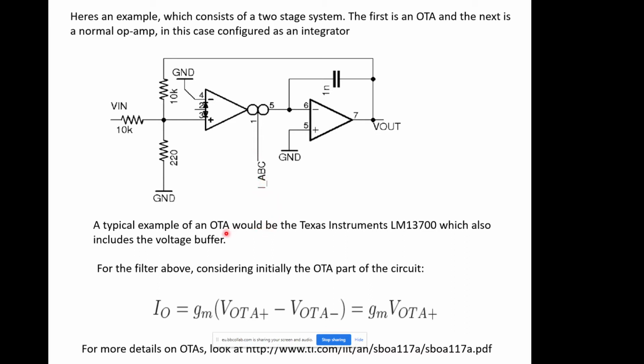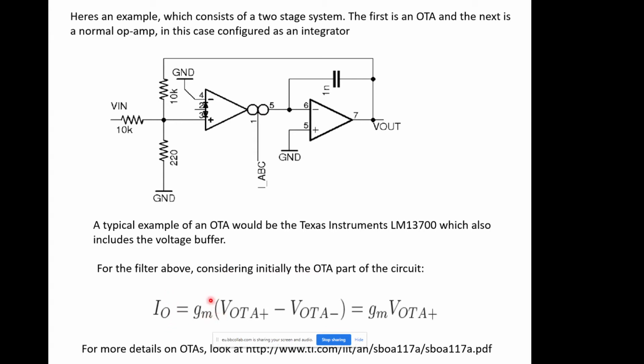So a typical example of an OTA will be the TI LM13700, which you buy in a pack of 2. That also includes a voltage buffer in there with these pins available for you to connect components of your choice for whatever function you want to generate. So to analyze these kind of things, the output current is the interesting thing that we get here. And so I/O, the output current of this, is defined the same as for an op-amp.